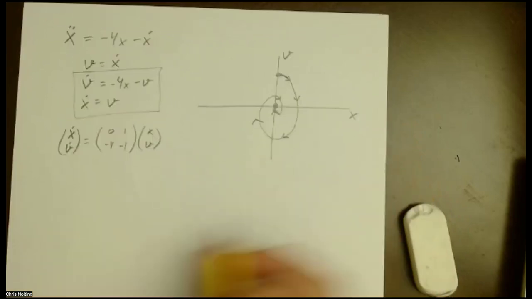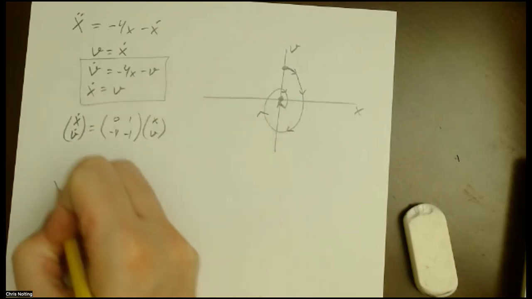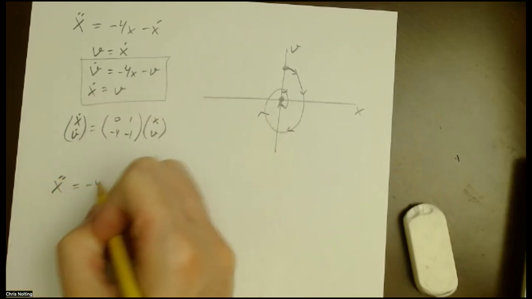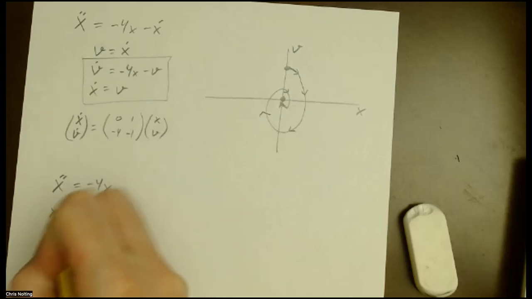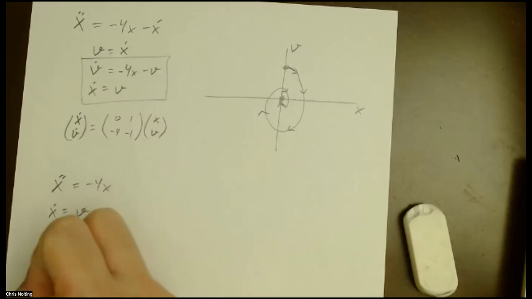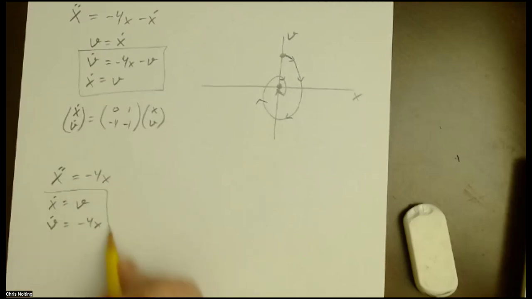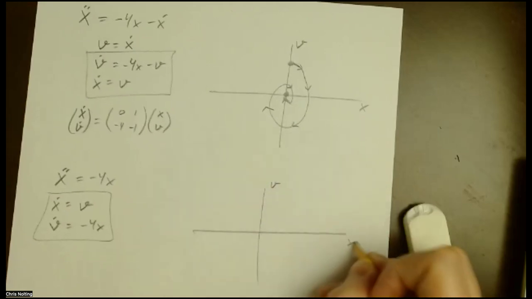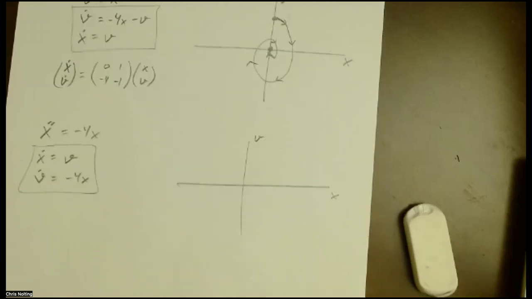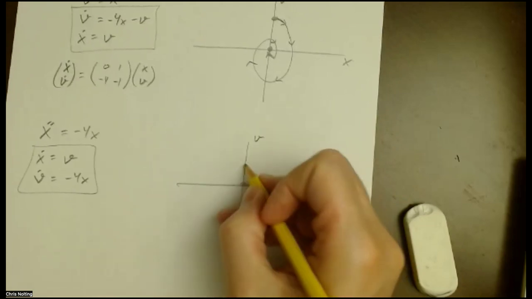But what would happen if we removed that damping term and just looked at something like this, minus 4x, and then we would define, of course, x dot equals v, and v dot is now minus 4x. And so then this would be our system of equations. We do the exact same thing again. We say v and x. And if we plotted this one out, of course, we get that same stationary point.